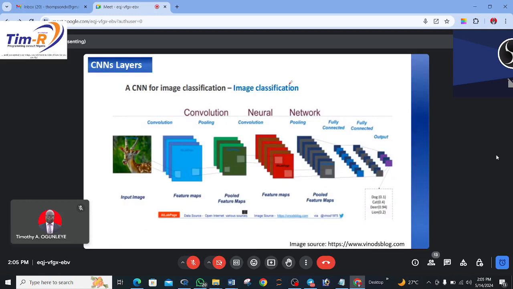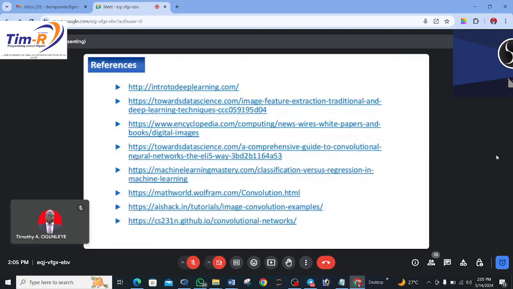So for image classification as well, this is just the way it is. We have convolution, pooling, the fully connected layer, and the output where it has the prediction as well. So these are some references and links where we can go and read some things. But basically, I want us to go and read a lot of things.